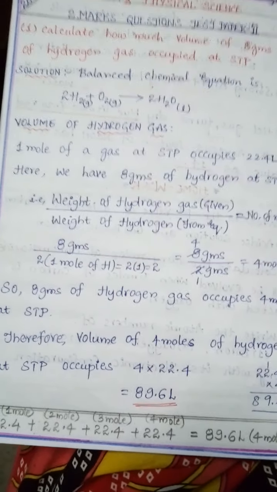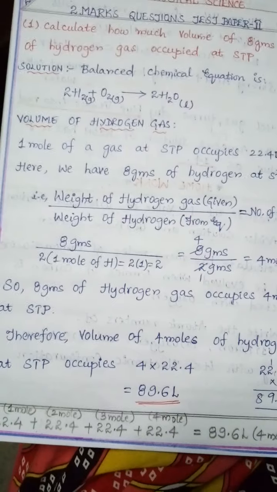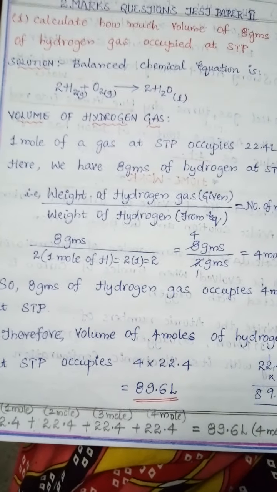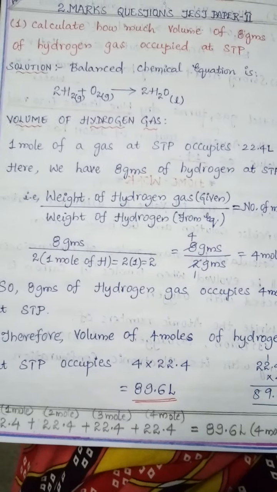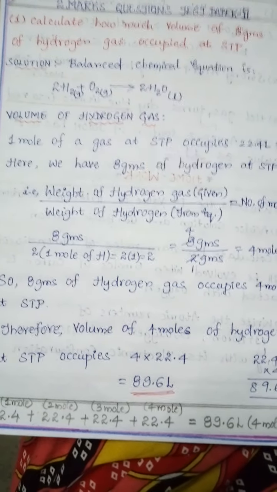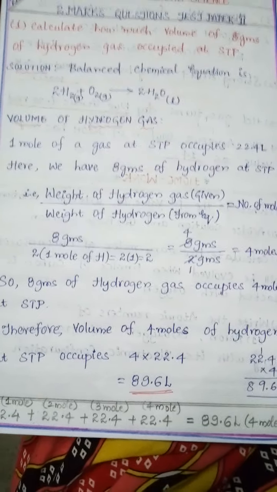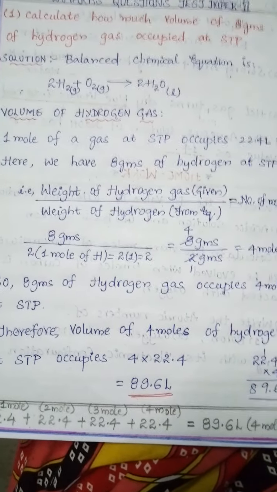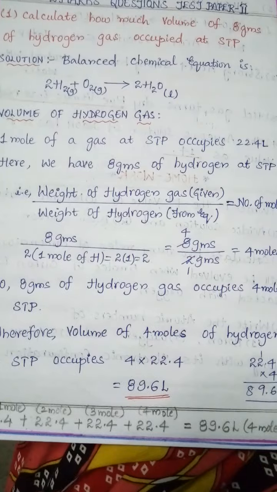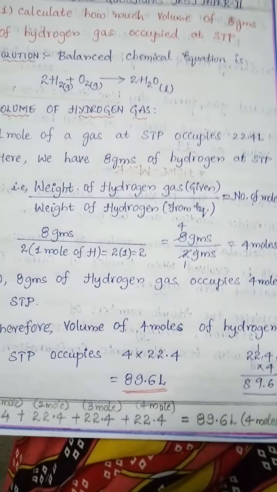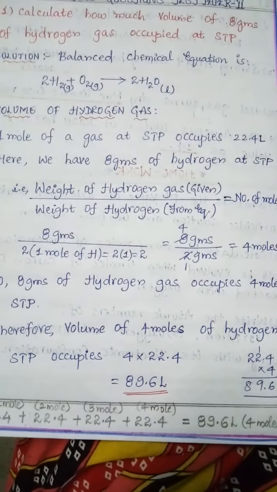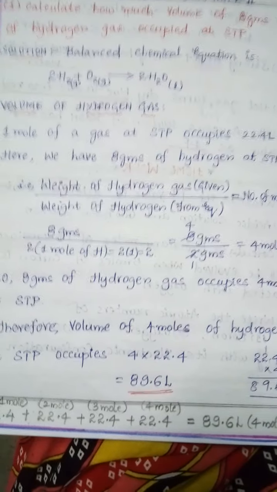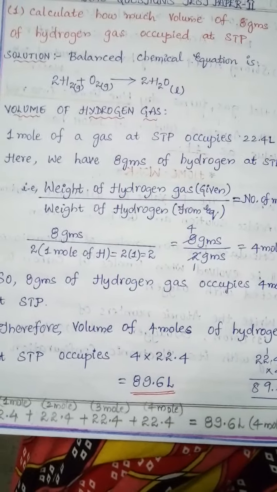Now if we move on to the solution, 1 mole of a gas at STP occupies 22.4 liters. Here we have 8 grams of hydrogen at STP. The weight of hydrogen gas given in the question divided by the weight of hydrogen from the equation gives us the number of moles. So 8 grams divided by 2 into 1 mole of hydrogen.